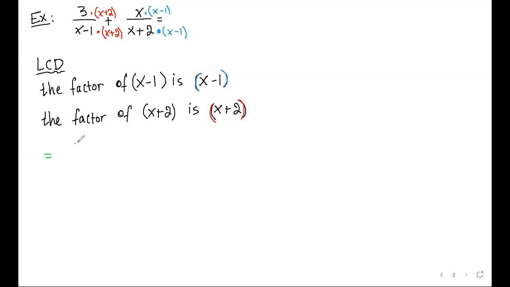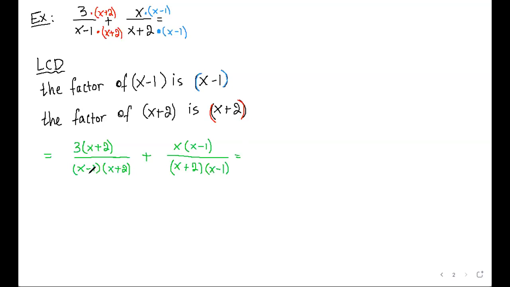This equals 3 times x plus 2 over x minus 1 times x plus 2 for the first fraction, plus the second fraction, x times x minus 1 over x plus 2 times x minus 1.